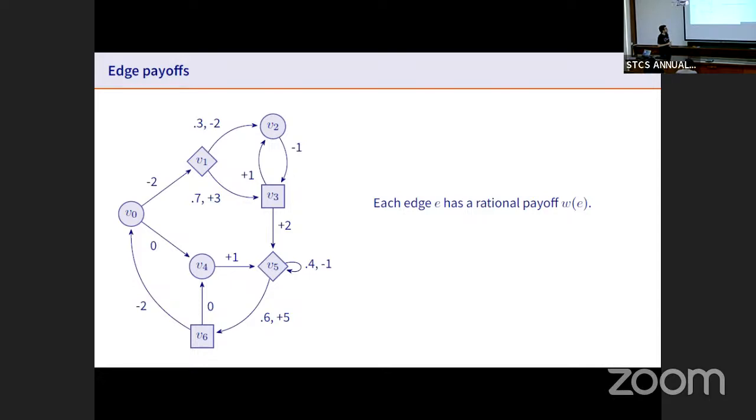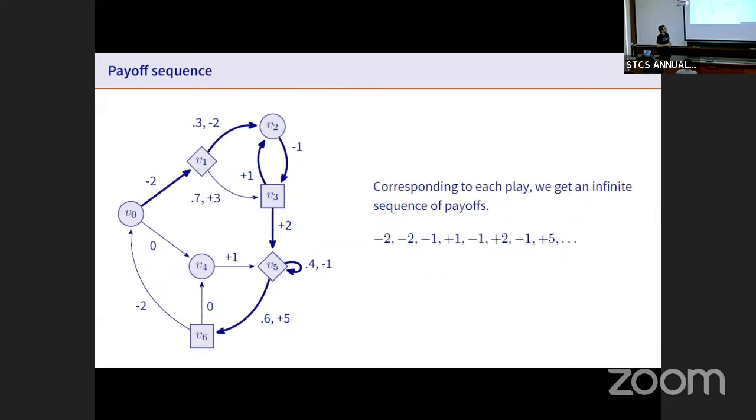We'll call it the payoff of that edge. Every time an edge E is traversed, player one receives the amount written on the edge from player two. It's a zero-sum game. Player one receives that amount, player two loses that much. Then corresponding to every play, every infinite path in the graph, you'll get an infinite sequence of payoffs.